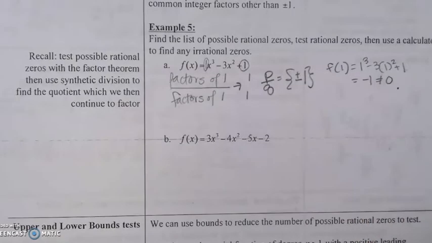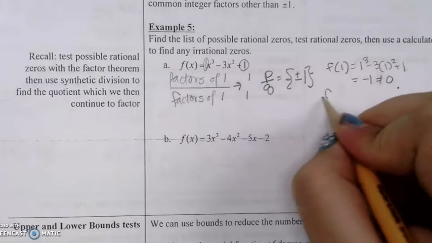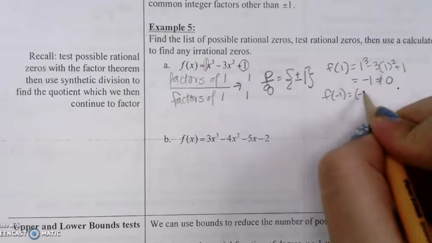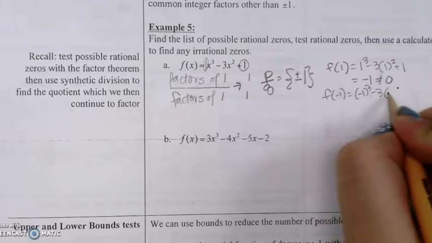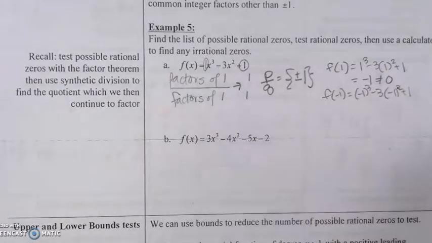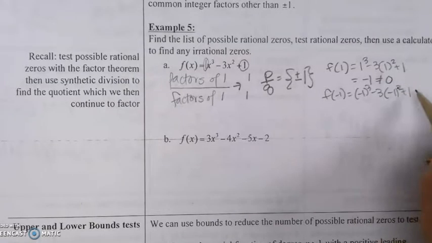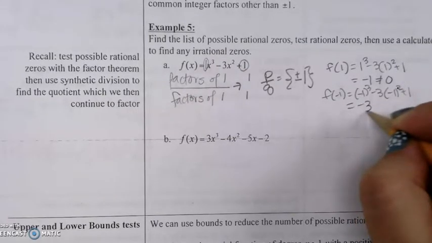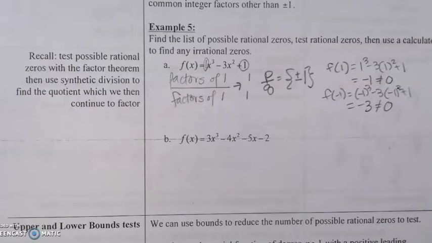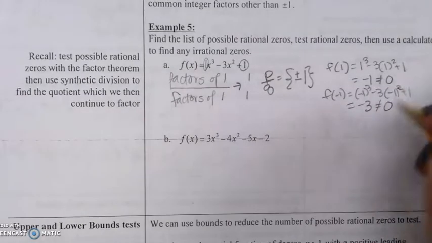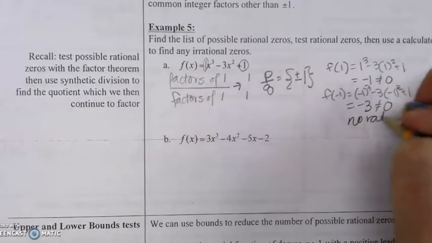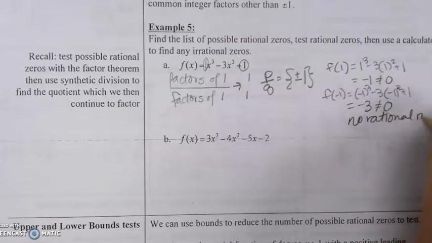So 1 is not a 0. F of negative 1: negative 1 cubed minus 3 times negative 1 squared plus 1. Negative 1 minus 3 plus 1 is negative 3, which is also not 0. So this tells me there are no rational roots.